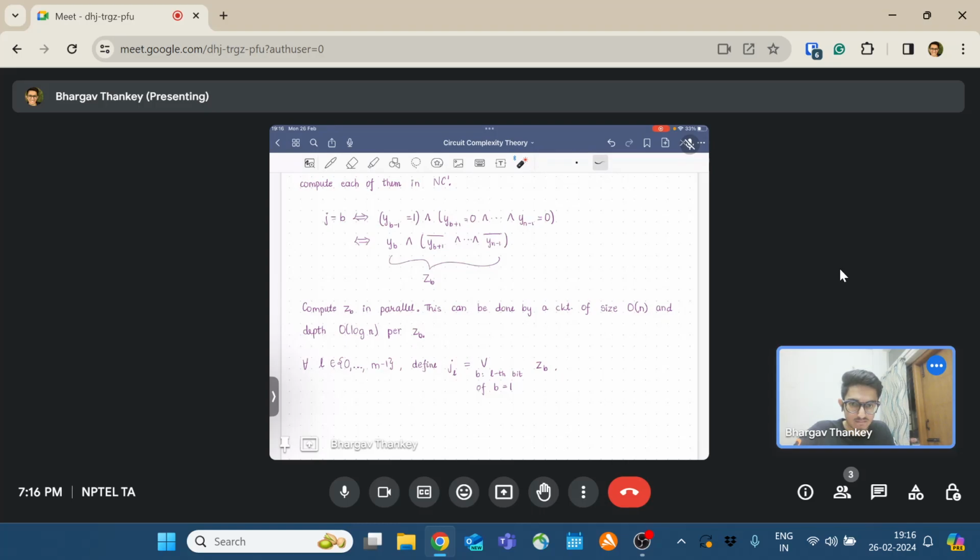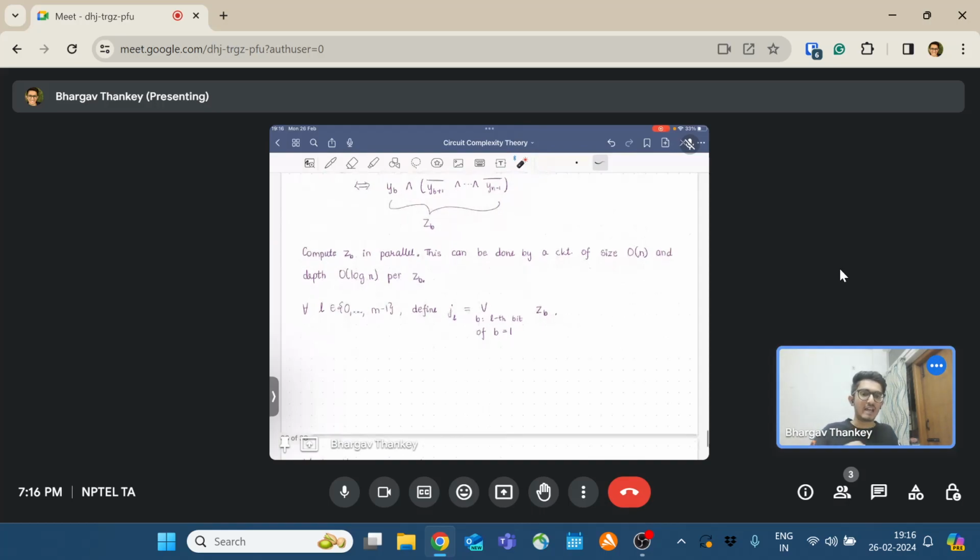So Z3 is 1, and we want to output a bunch of zeros depending on the M, and 1, this is what we want to output.